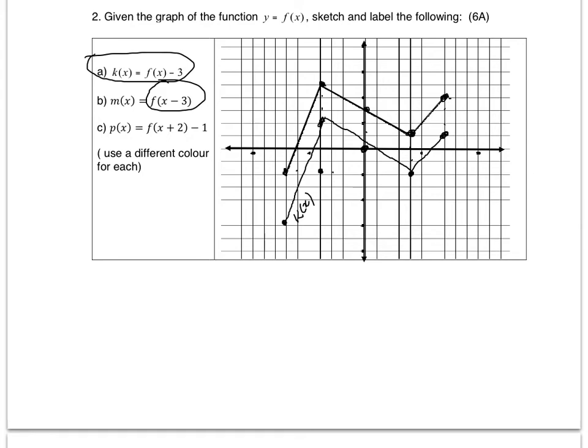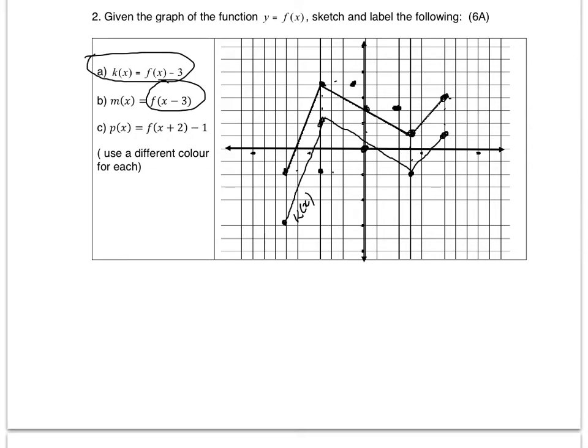Then I'm going to pick the top point, so I'm going to go 3 units right, so it's going to be somewhere around here. Then I'm going to pick, let's say, this point here, and I'm going to go 1, 2, 3, so I'm going to end up here.